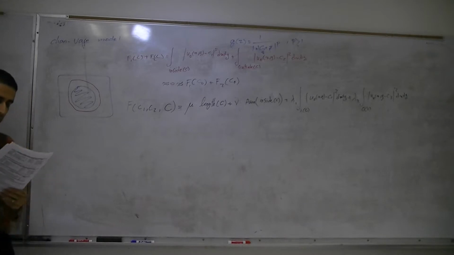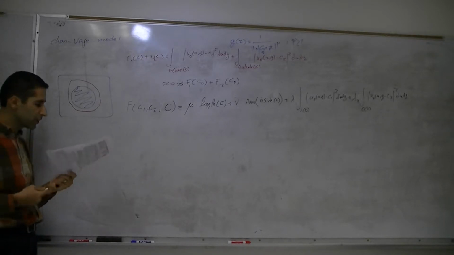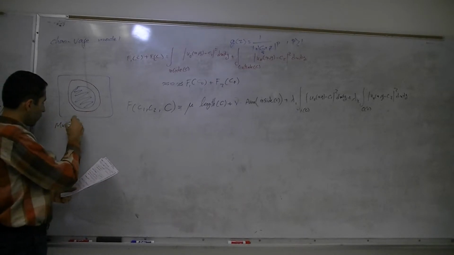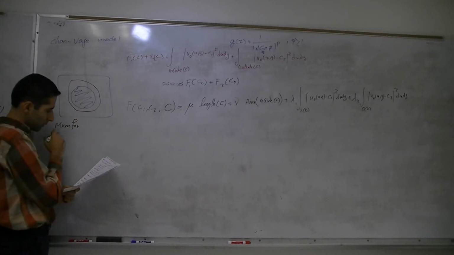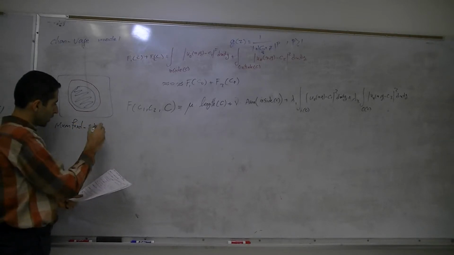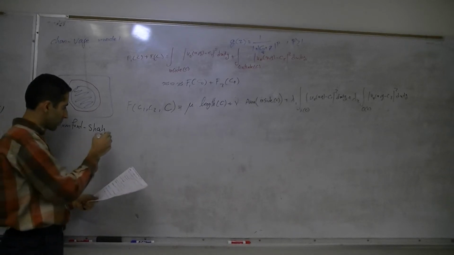There is a relation between this method and the method that was used before for image segmentation. They call it the Mumford-Shah model. They are two names of the authors of the paper.